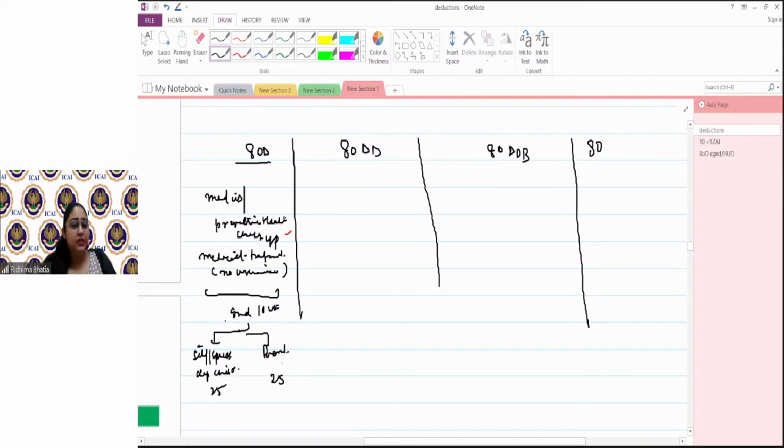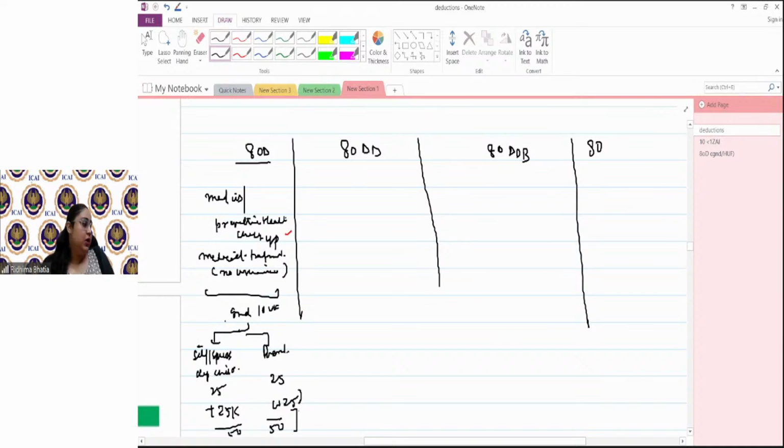In case no one is a senior citizen. In case parents are senior citizens, then 25 more. In case self or spouse, anyone is a senior citizen, then 25K more. So total 50-50. If senior citizen falls in both categories, then 1 lakh. Okay?